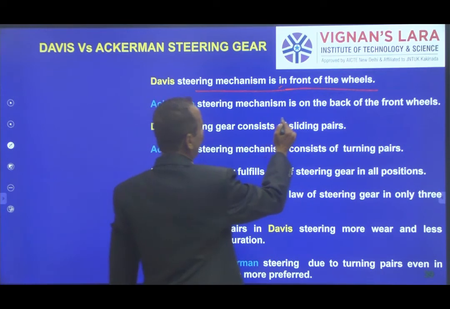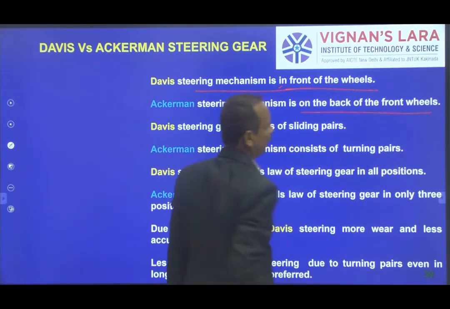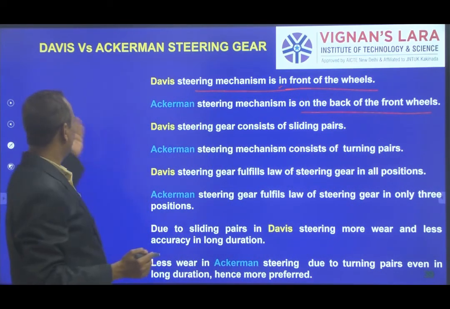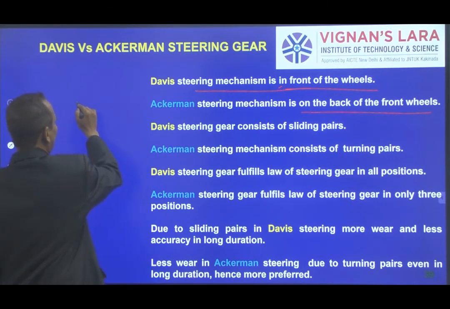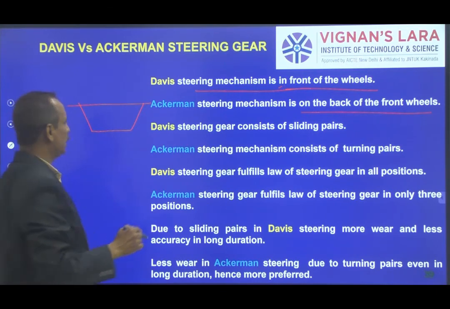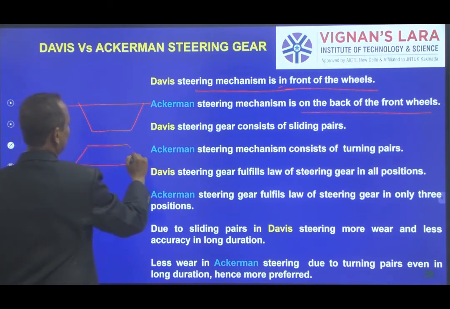And what about Ackerman's? At the back of the front wheels. You have seen the mechanism of the Ackerman steering gear on the back side, whereas in the Davis steering gear the mechanism is on the front. This is Davis and this is Ackerman's.